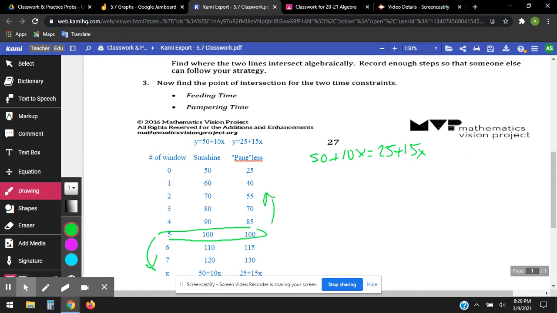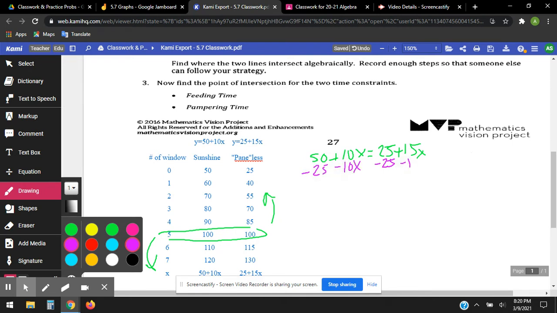Well, first step, I'm going to subtract 25 from both sides, and I'm going to subtract 10x from both sides. Over here, the 25s cancel. Over here, the 10s cancel. That leaves me with 25 equals 5x. I divide both sides by 5.